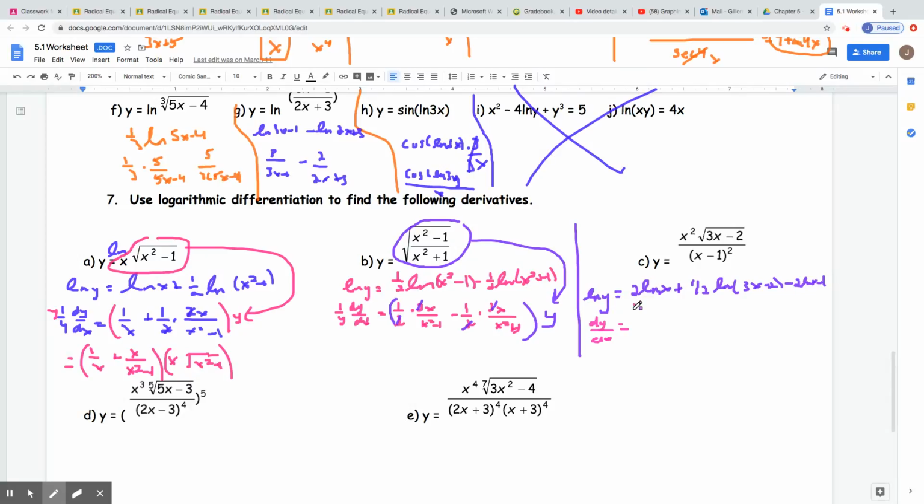So this is 2 times 1 over x, which is 2 over x, plus 1/2 times 3 over 3x minus 2, minus 2 times the derivative of x minus 1, which is just 1 over x minus 1. And you could clean this up. This would be 3 over 2 times that quantity minus 2 over that quantity. And it's going to be all of that times y. And what is y? That's your y.